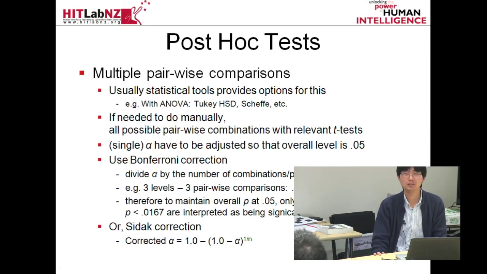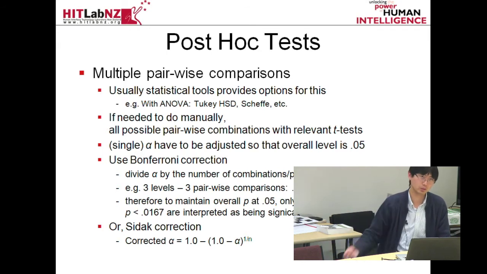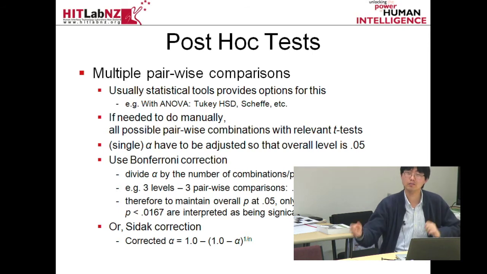And in many cases, you will end up with many of the pairs not having a significant difference, and you'll need more participants to make the standard deviation smaller and so forth. So it's more recommended to not have too many levels in one independent variable.